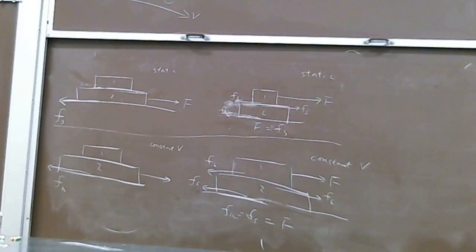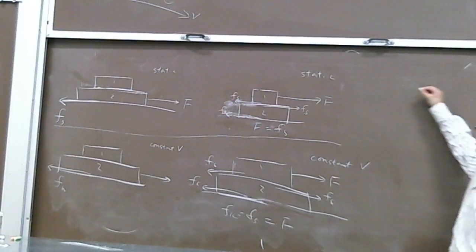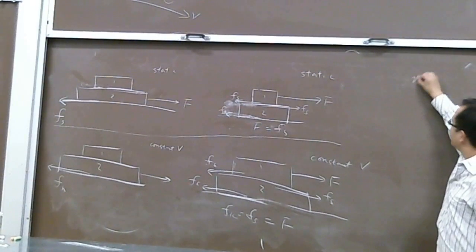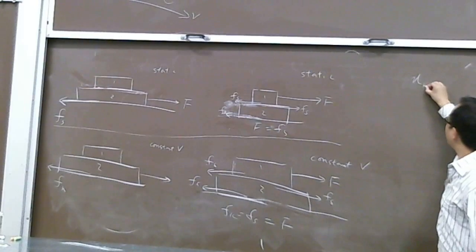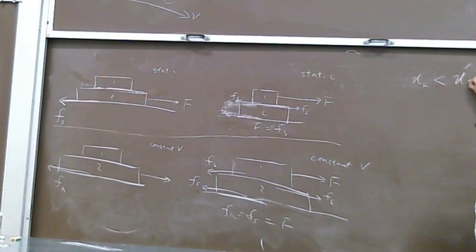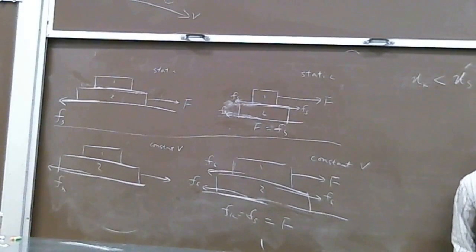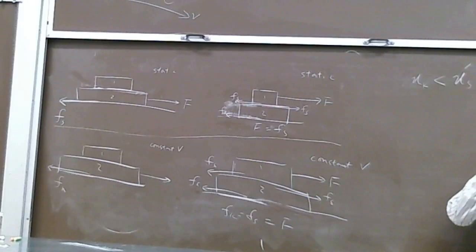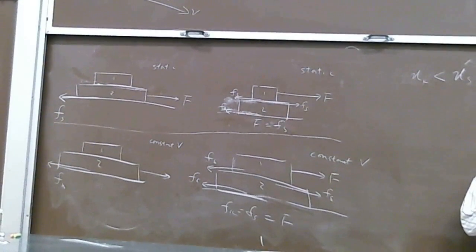Oh, yes. There's another important piece of information that mu k is always smaller than mu s. So the kinetic friction is always smaller than the maximum static frictional force.